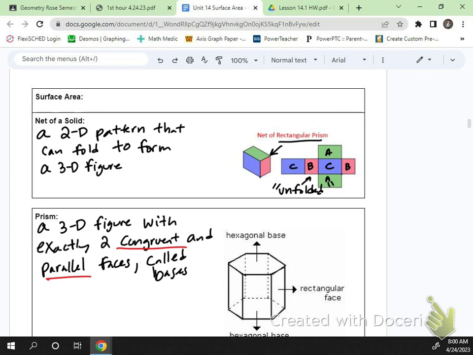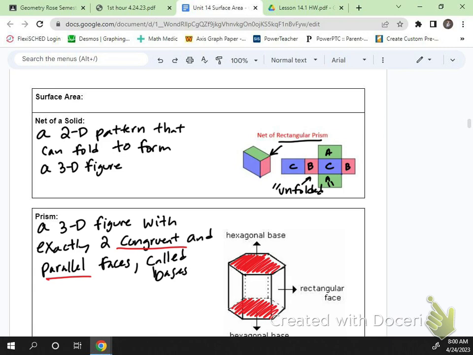A 3D figure with exactly two congruent and parallel faces called bases. So I've been using my hexagonal prism for our example. If you've got a color pencil or a pen, I might color code this in. That's a base. And that's a base. Those are our bases.